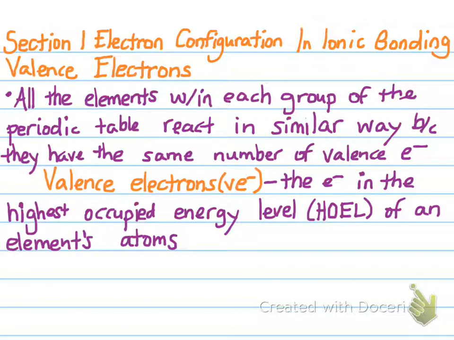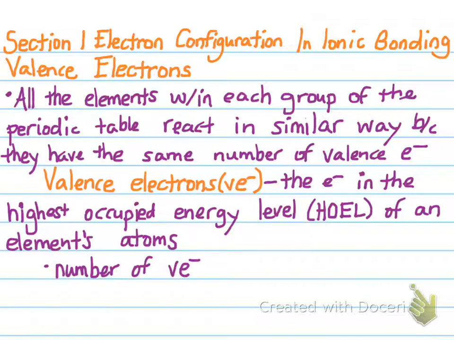So these are the electrons that are on the outside of the atom. And for the number of valence electrons, I gave you kind of an abbreviation because we're going to refer to valence electrons a lot between now and the end of the trimester.